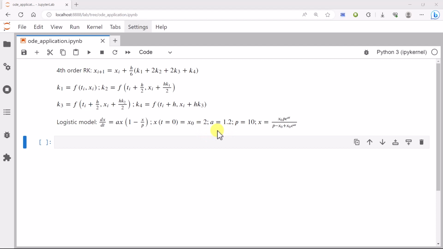The growth rate is 1.2 and it will plateau at 10,000. So p is 10, the carrying capacity of the forest. I have written the analytical solution here as well, and at the end, we will match our solution with this analytical solution. So let's start then.